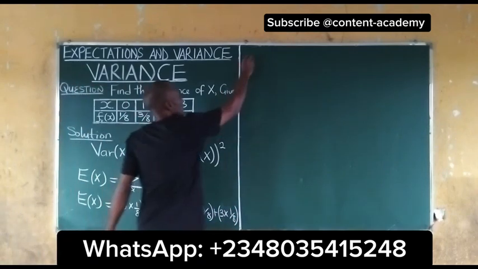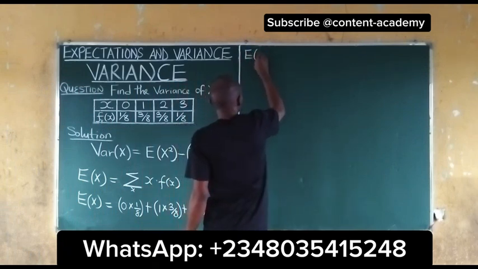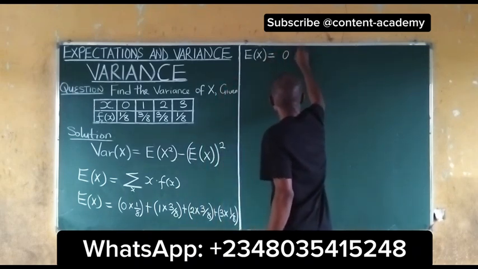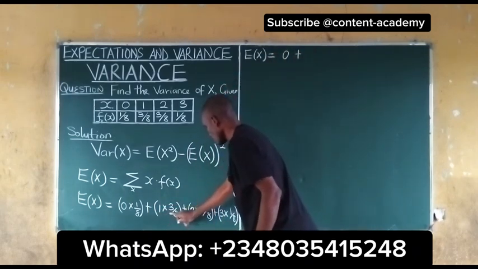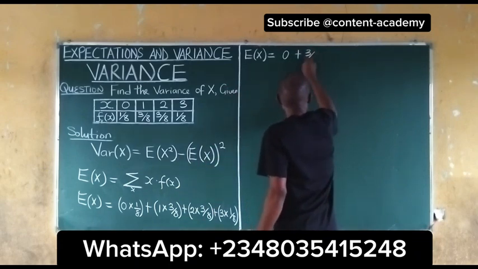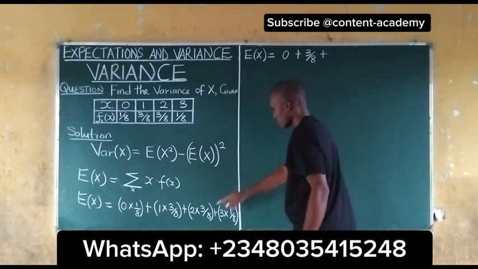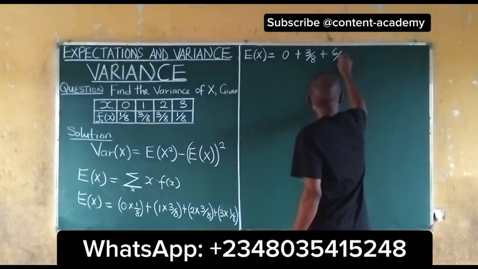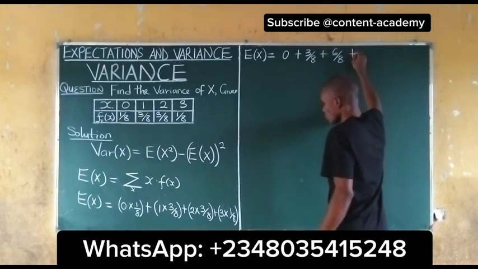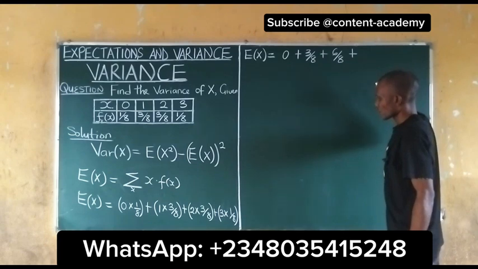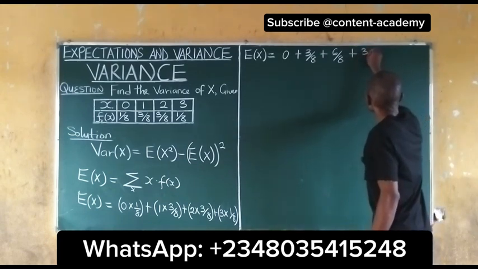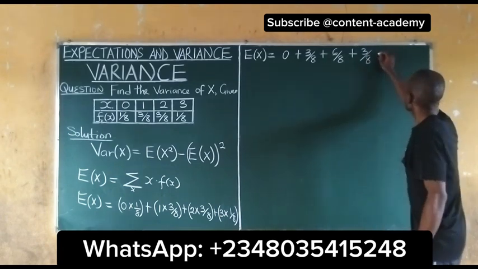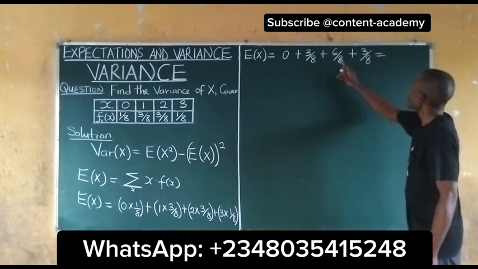So it then means that our expectation of x is equal to 0 plus 3 all over 8 plus 6 all over 8 plus 3 all over 8. Of course, you can find the LCM of 8.